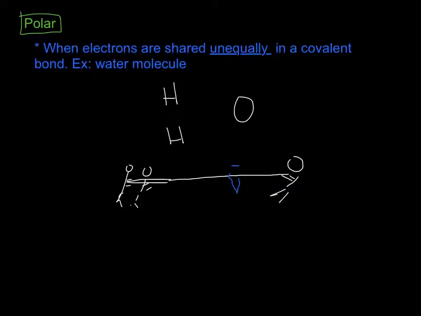Because that negative charge is getting pulled more to the oxygen side, this side is going to have more of a negative charge, leaving the hydrogens to have more of a positive charge, because the negative valence electrons are going more towards the oxygen side.